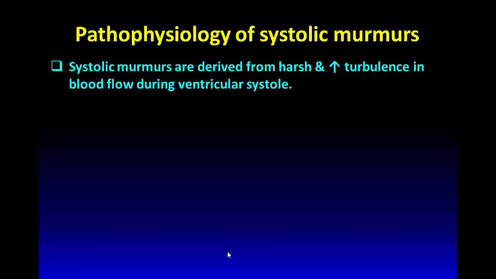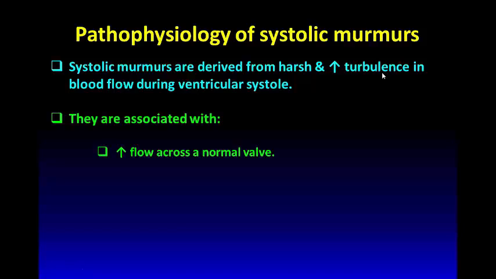Systolic murmurs are heard when there is harsh and increased turbulence in blood flow during the period of ventricular systole. So they might be associated with increased blood flow across a normal valve, and these are the physiological systolic murmurs.